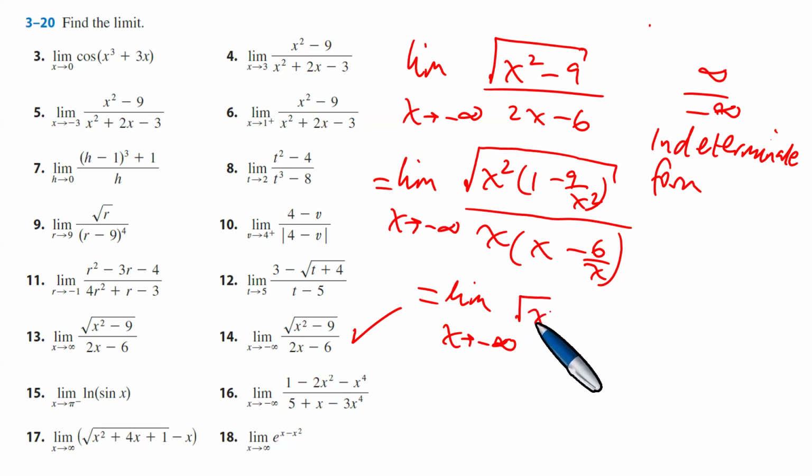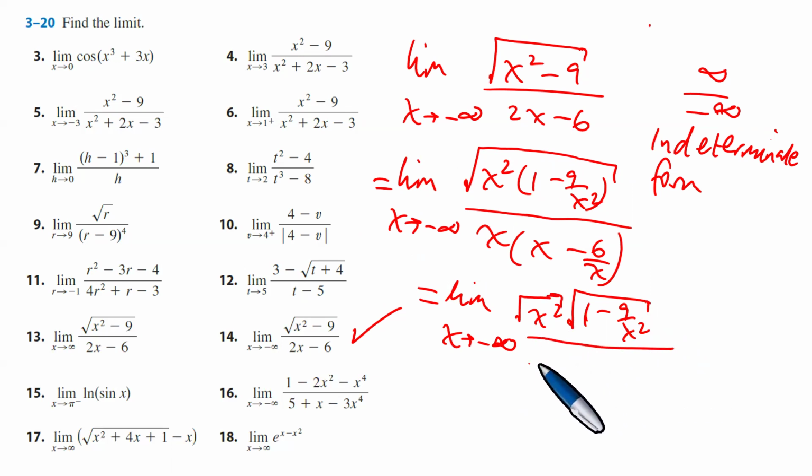Pulling out the x in the denominator gives a 2, and then 6 out of x.